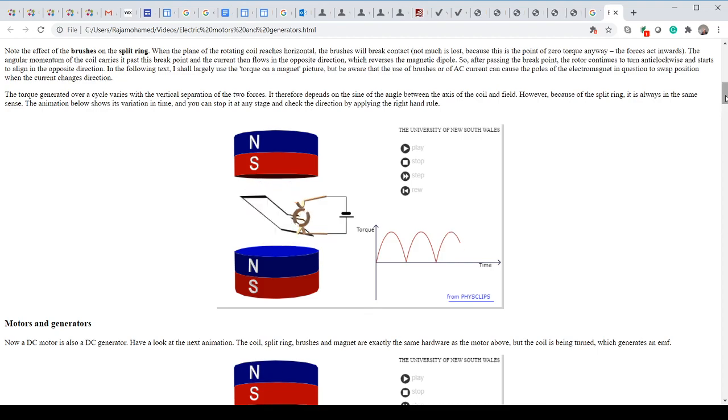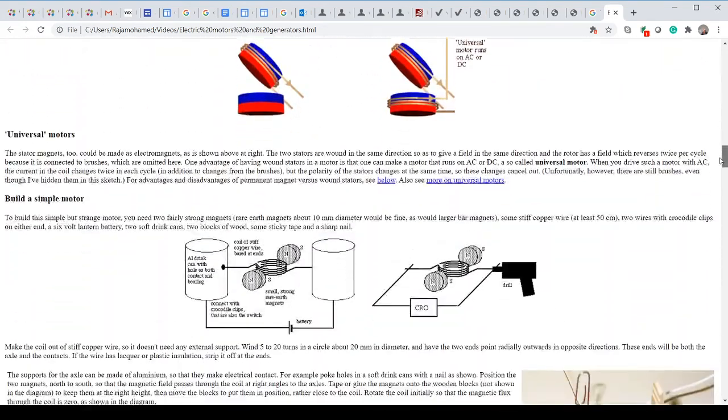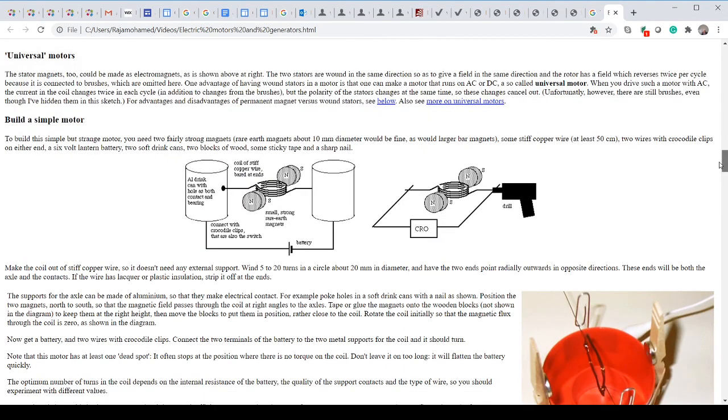And then what else do we have? We have the universal motor also. This is a simple motor, used especially for special applications, and it is mostly used in less than 20% of applications. It works on both AC and DC.